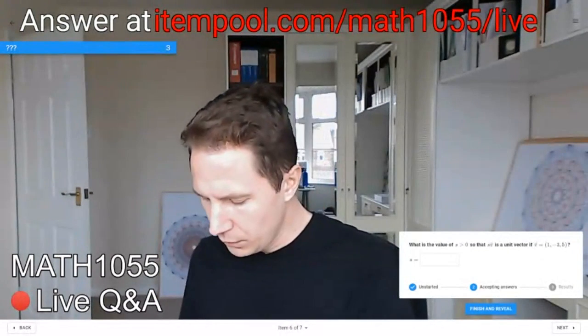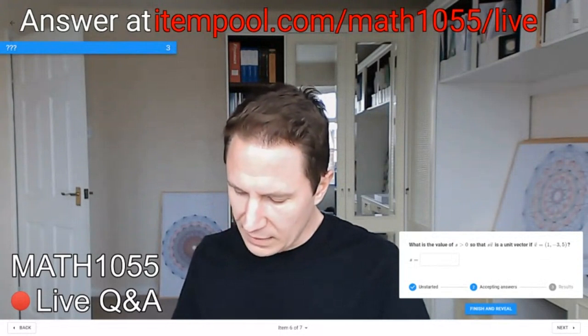Hopefully you recall that multiplying a vector by a positive number means the vector gets stretched if the number is greater than 1, and it shrinks if the scalar we multiply the vector by is between 0 and 1. Here we have to choose the scalar s so that s times v has length 1.